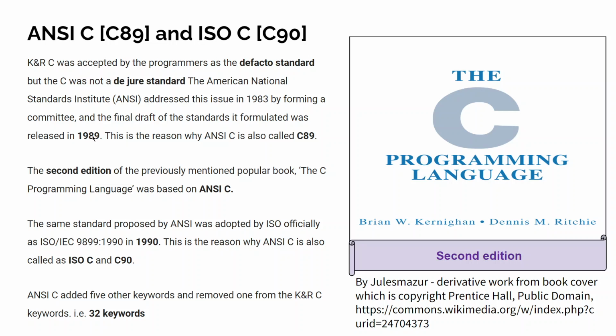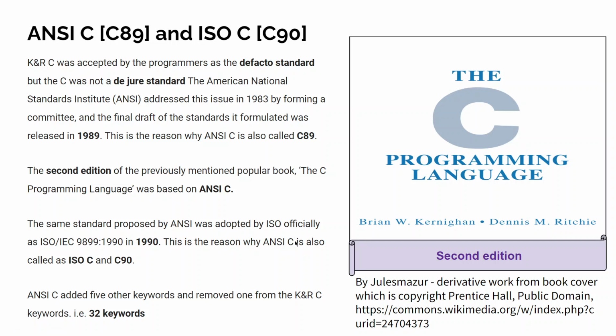The second edition of the previously mentioned popular book, The C Programming Language, was based on ANSI C. The first edition was related to the K&R C standard, and the second edition is related to the ANSI C standard. The same standard proposed by ANSI was adopted by ISO officially in 1990.